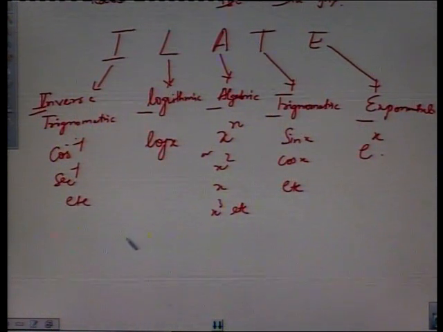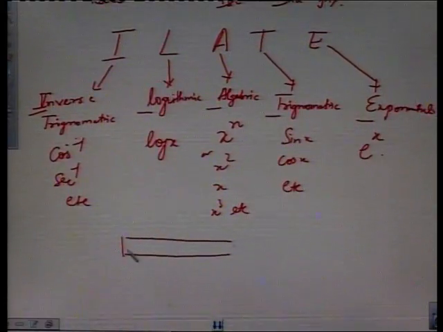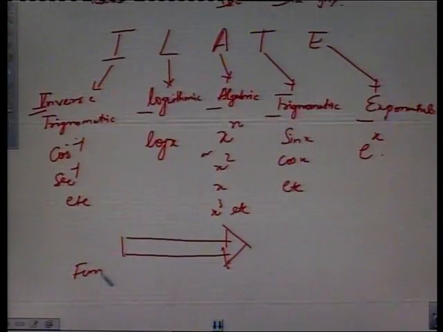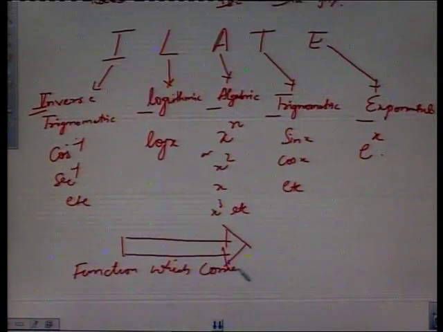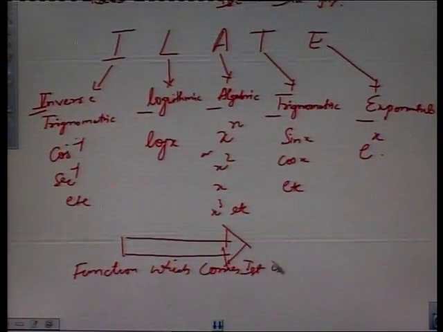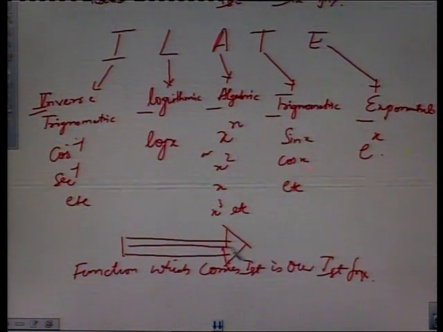And the hierarchy means the order in which we have to take first and second function is given by this arrow. The function which comes first in this order, we have to take as our first function.